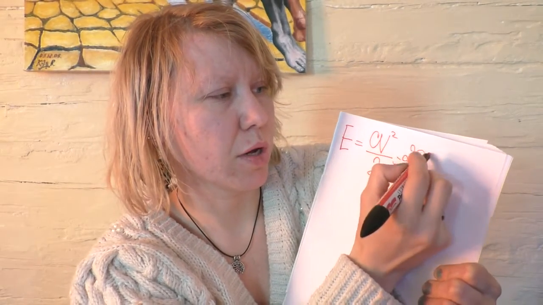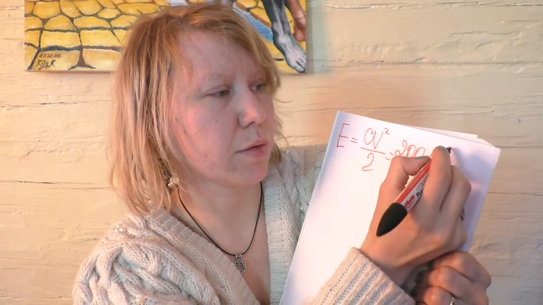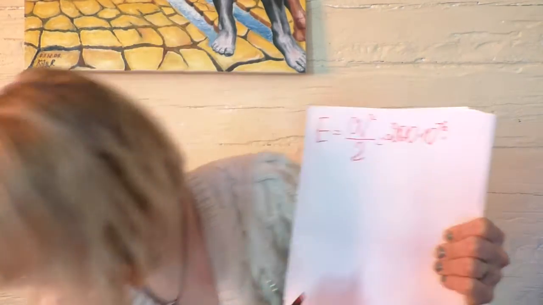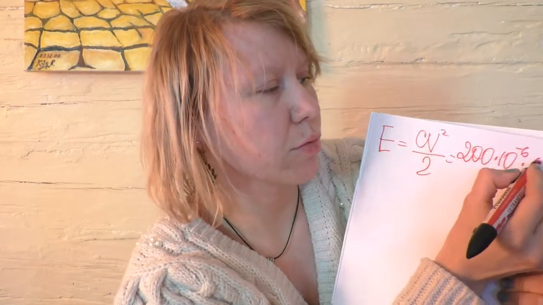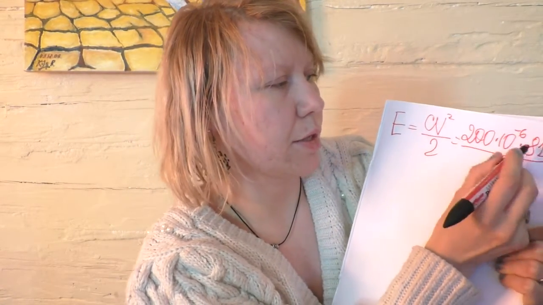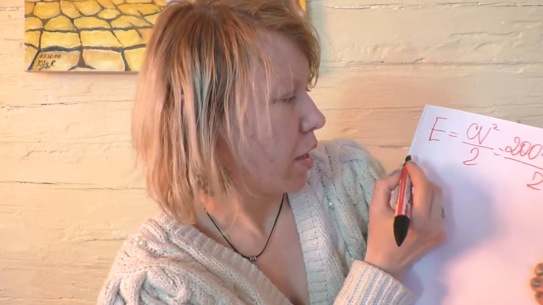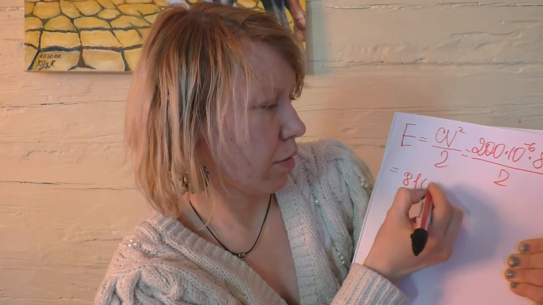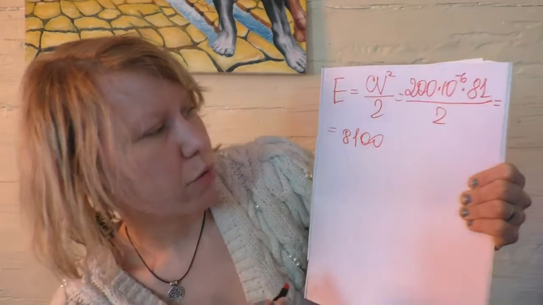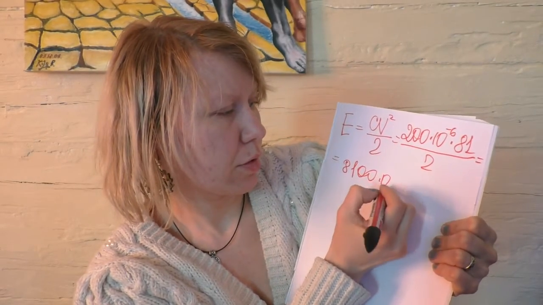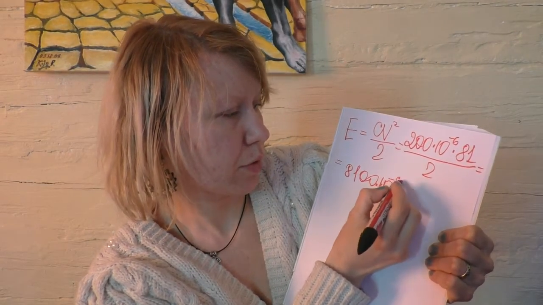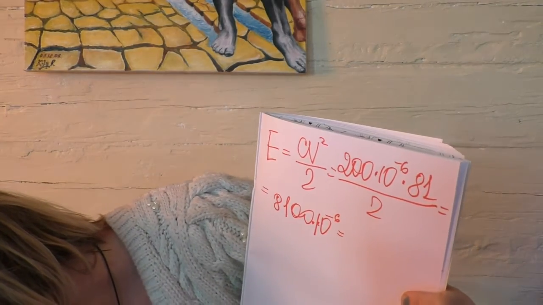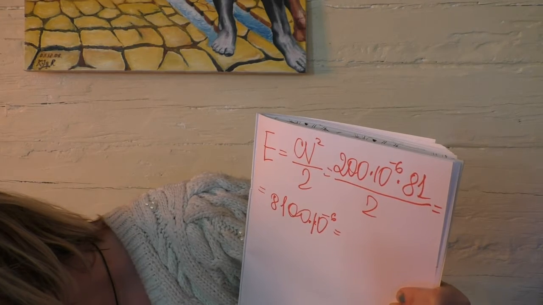We have 200 times 10 to the minus 6, and here will be 9. So 9 squared is 81, divided by 2.